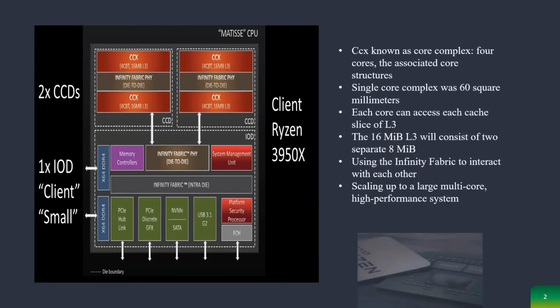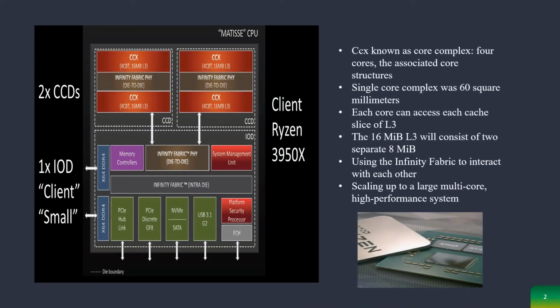In the Ryzen 9 3950X base system, it has Zen 2 as the microarchitecture. In Zen 2, it has the CCX, known as the core complex. As we can see in the figure shown, there are four CCXs.